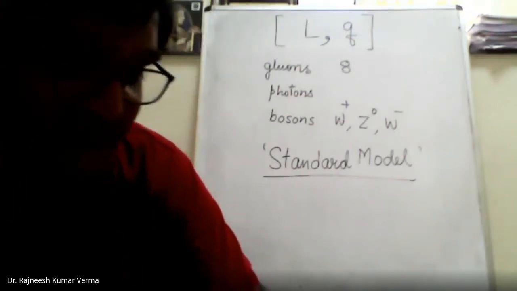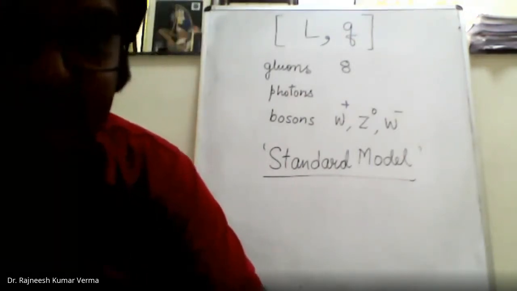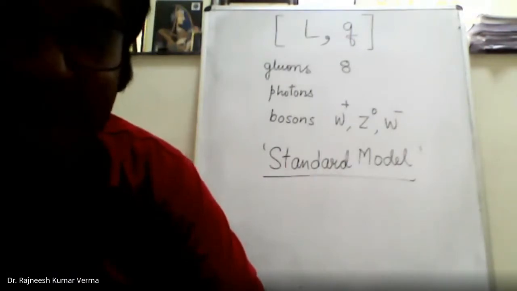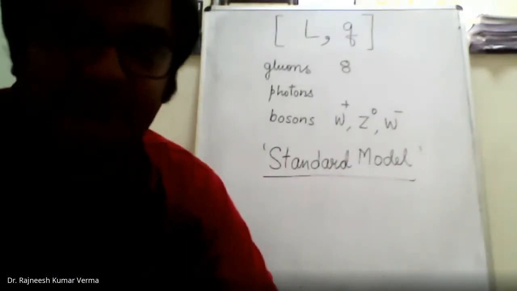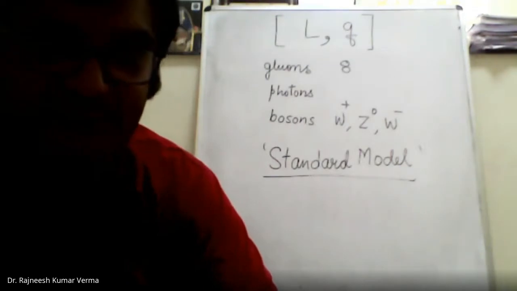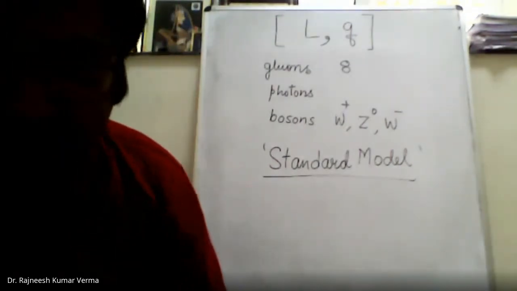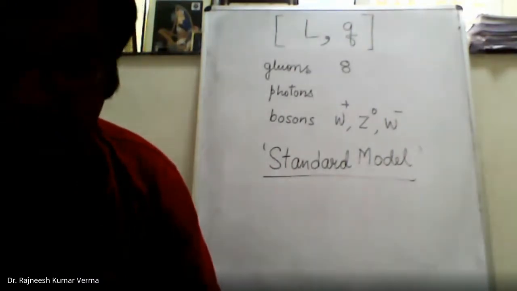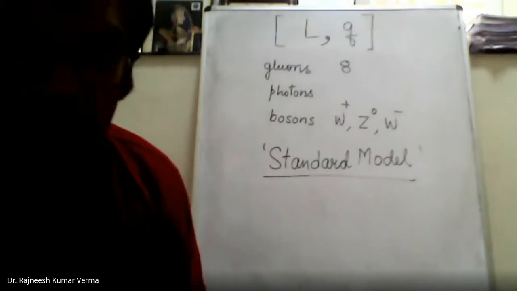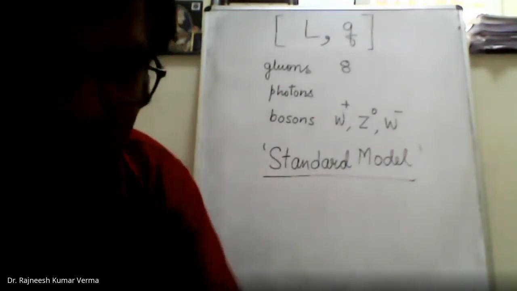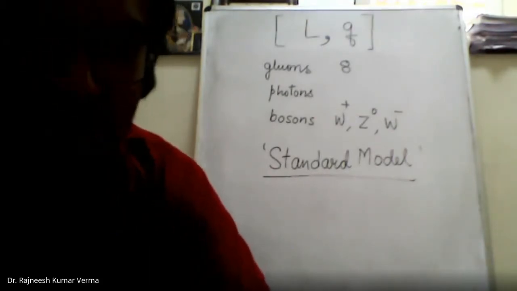So, to achieve that success, in 1967, electroweak theory was proposed by Weinberg, Abdus Salam, and Glashow. This theory unifies the electromagnetic interaction with weak interaction with the help of W plus, W minus, and Z0 bosons.